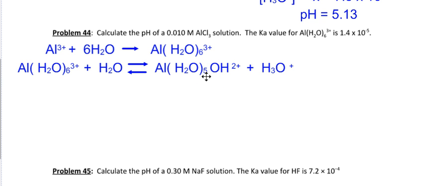Break up one of the waters and donate that H+ to the water to get H3O+ here. So notice what I have left here is OH with a +2 charge. The whole charge of this aluminum ion was +3. So if it loses an H plus, the entire charge of this whole complex ion is now +2. Do you remember what I said earlier, that we have to balance the charges?